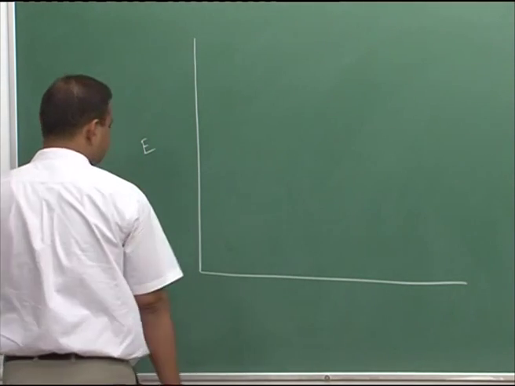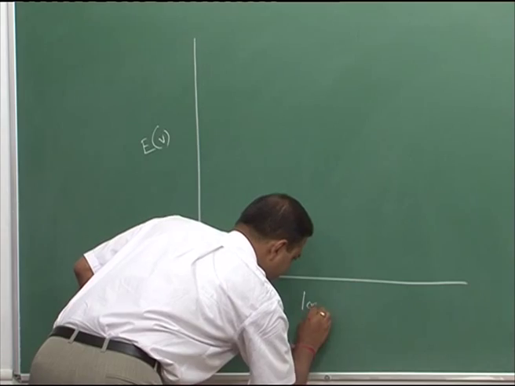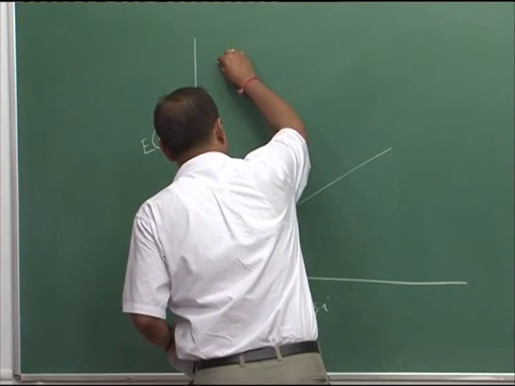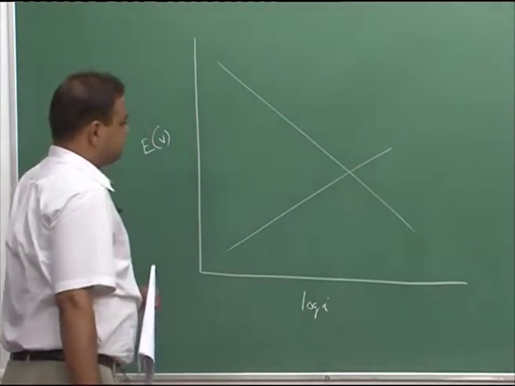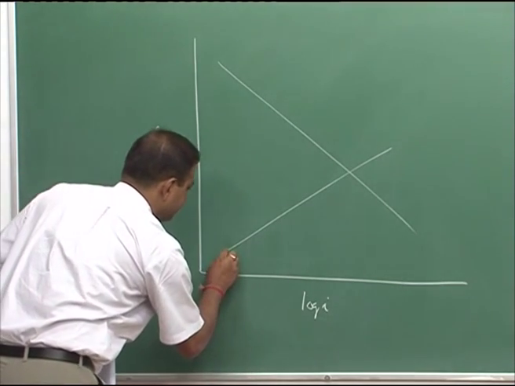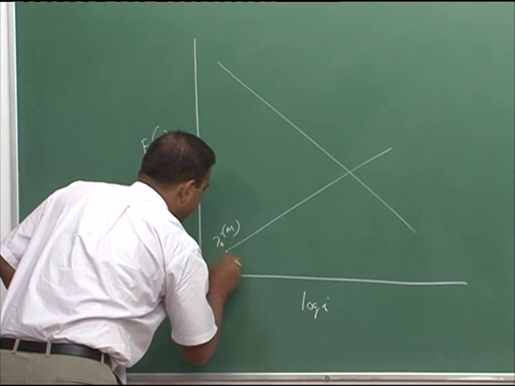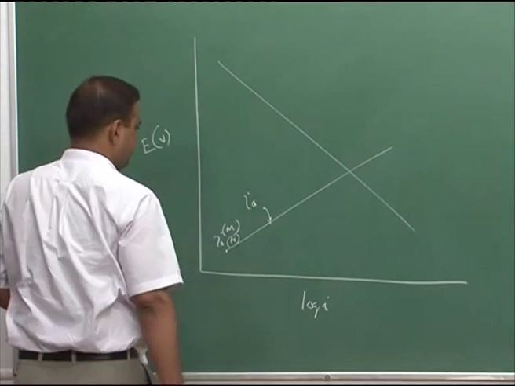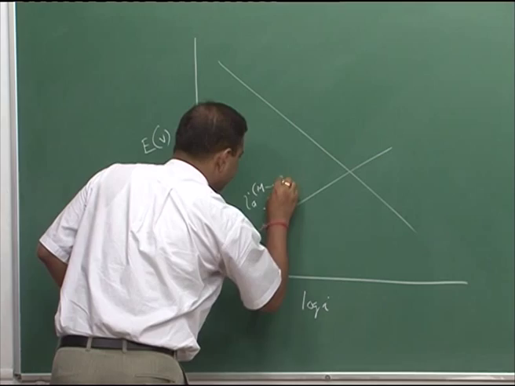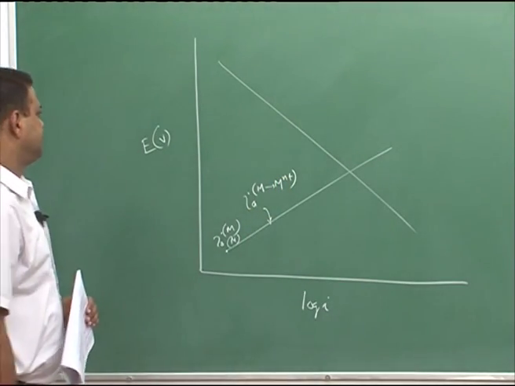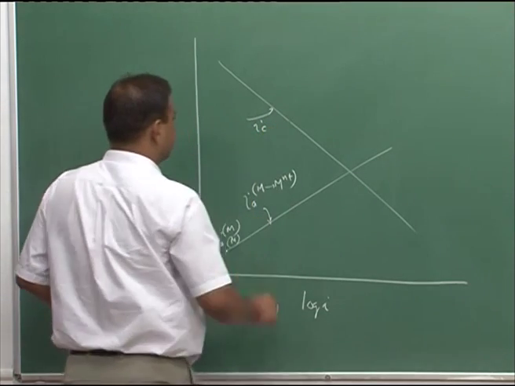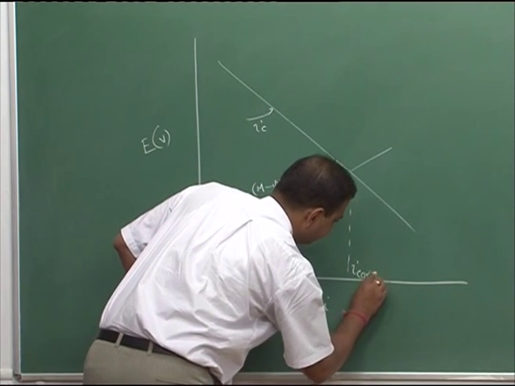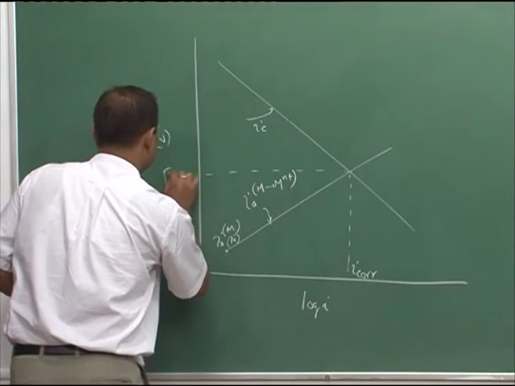This is the potential axis and this is log I. This is for active passive metal, and this is my I0 for that metal on the metal surface, and this is my IA for metal going to metal M n+ ion, and this is my IC, which is the cathodic current density, and this is my free corrosion potential, and this is my I corr, and this is my E corr.